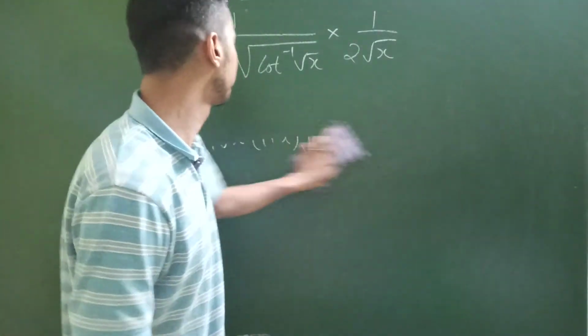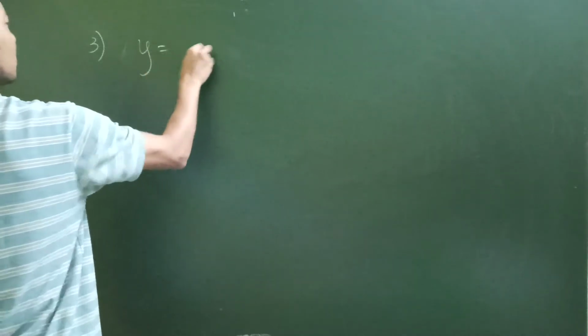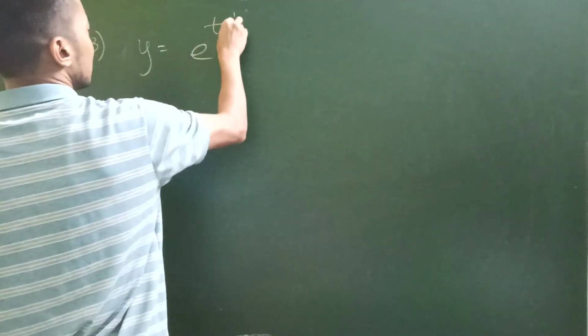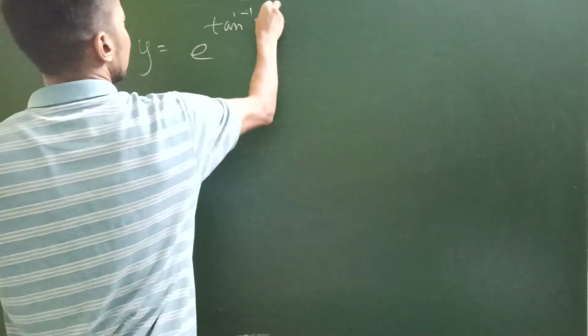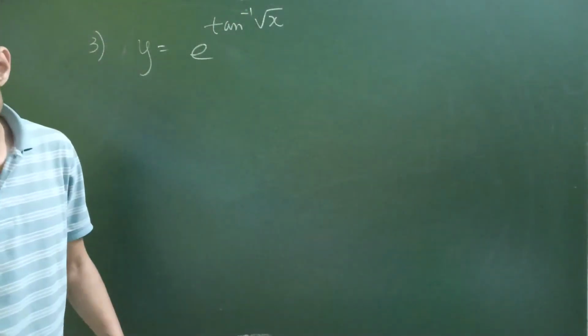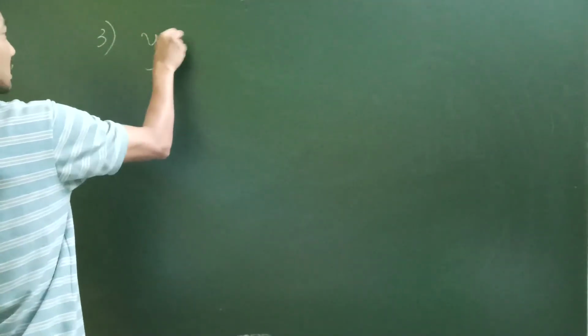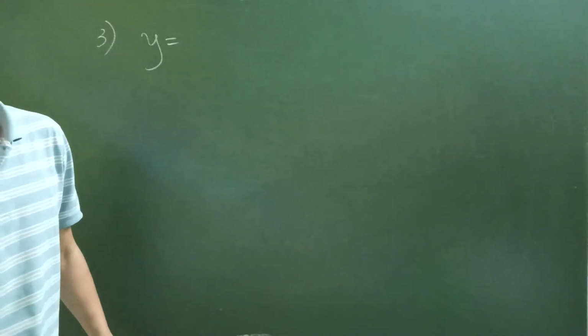Another question would be number 3, that is, let's say y equals e power tan inverse root x. Since we're already doing so many questions on tan inverse and all, let's try this question.